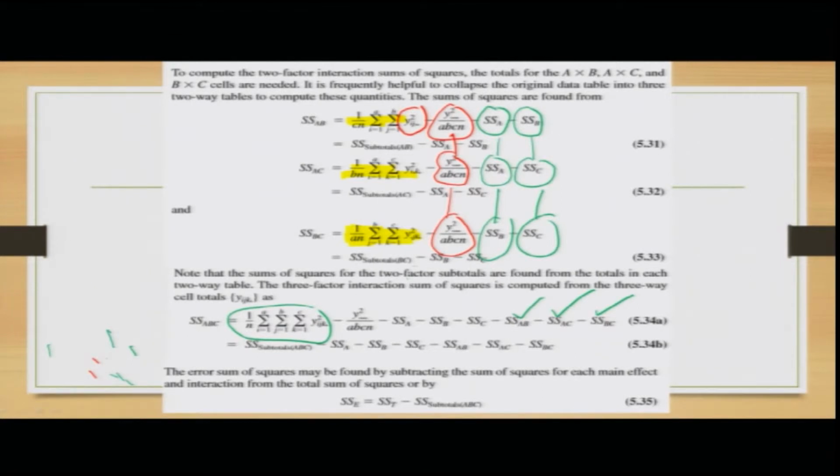And finally, if I go to 4 factors, I will just repeat it slowly. You had A, B, C, D, so obviously you would have the sum of squares of A, B, C, D. Let me go one by one.